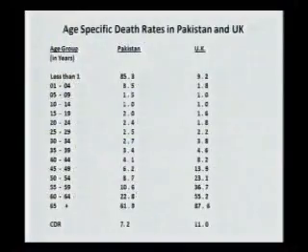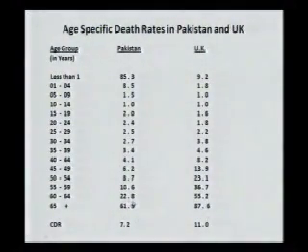For example, here are the age-specific death rates for Pakistan and UK. You can note here that the death rate in UK is higher than in Pakistan, as I mentioned, because of the age factor. But if you look at different ages, the death rate in many ages in Pakistan is very high. For example, at young ages, below age 1, it's substantially higher, almost 10 times higher than UK.